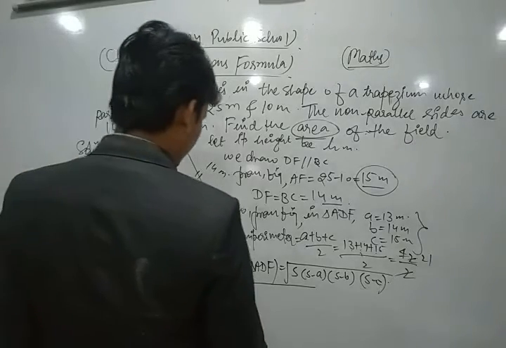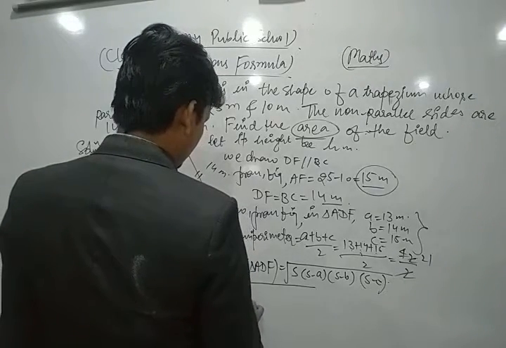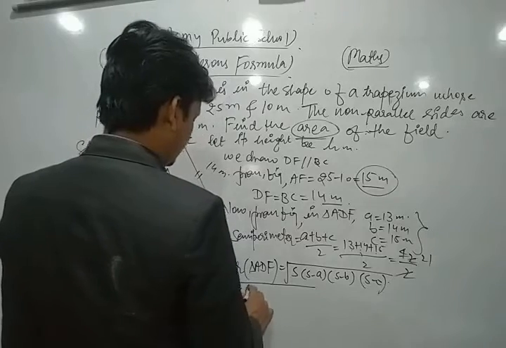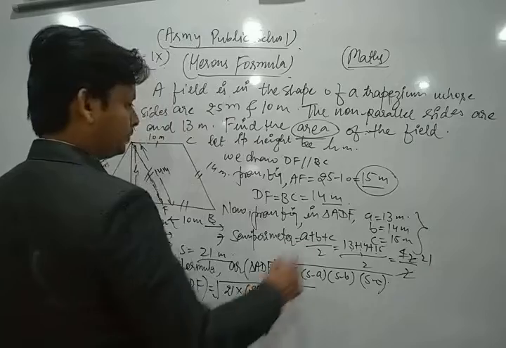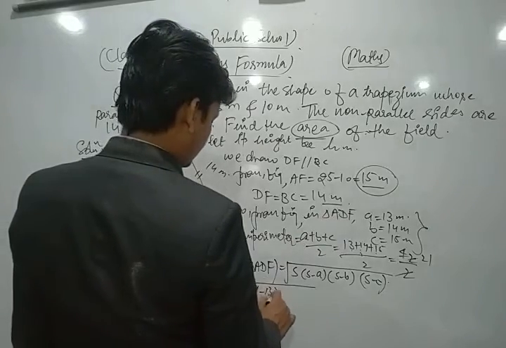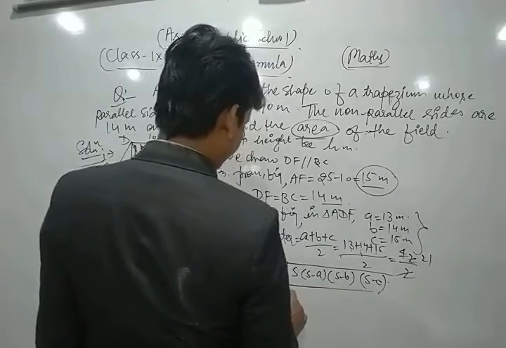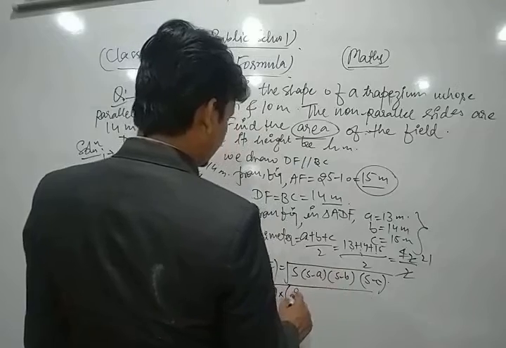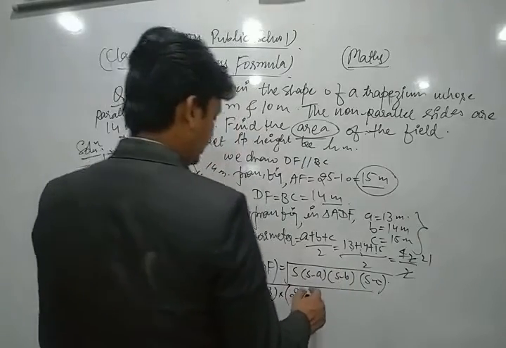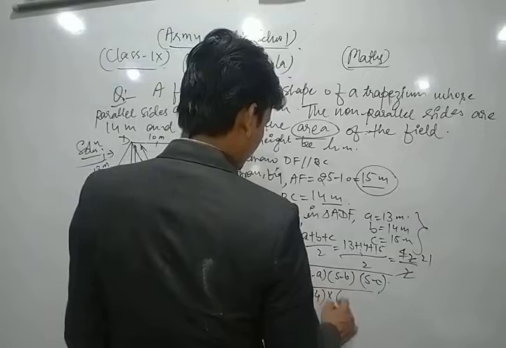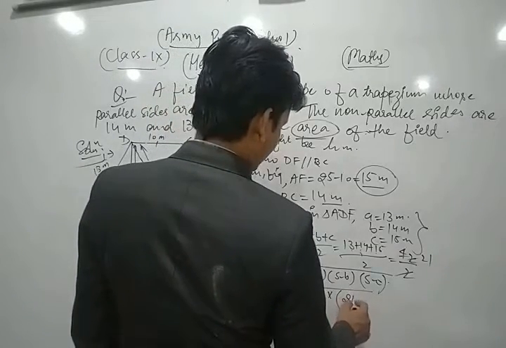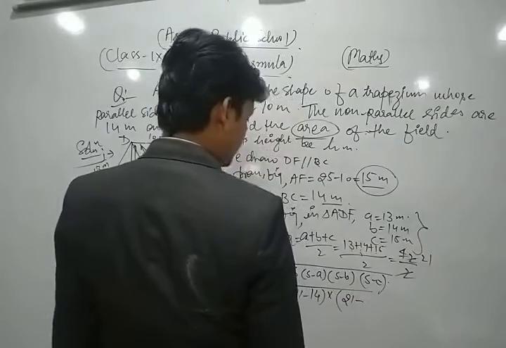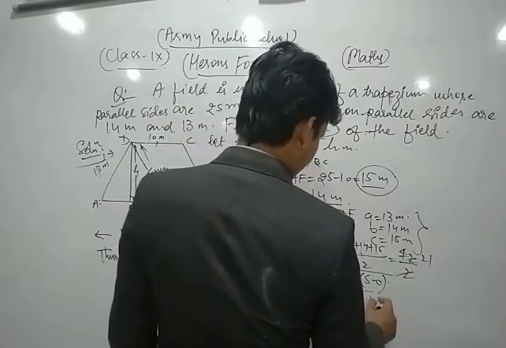Here we put 21 into S minus A, that is 21 minus A, which is 13. S minus B, that is 21 minus B, is 14, into S minus C. S is 21, minus C is 15.